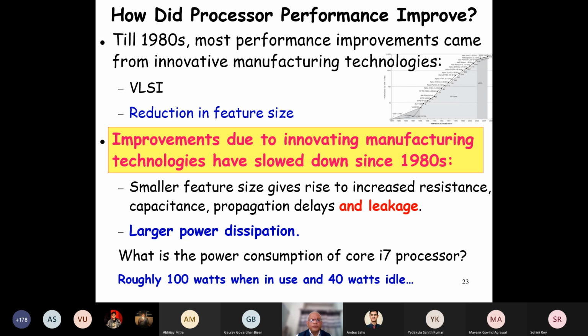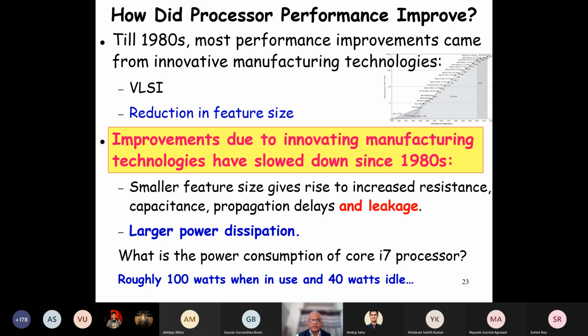The improvement due to transistor manufacturing has slowed down since the 1980s. One of the major causes of concern is the leakage current. The small feature size gives increased resistance, capacitance and propagation delays. These are all negative here.